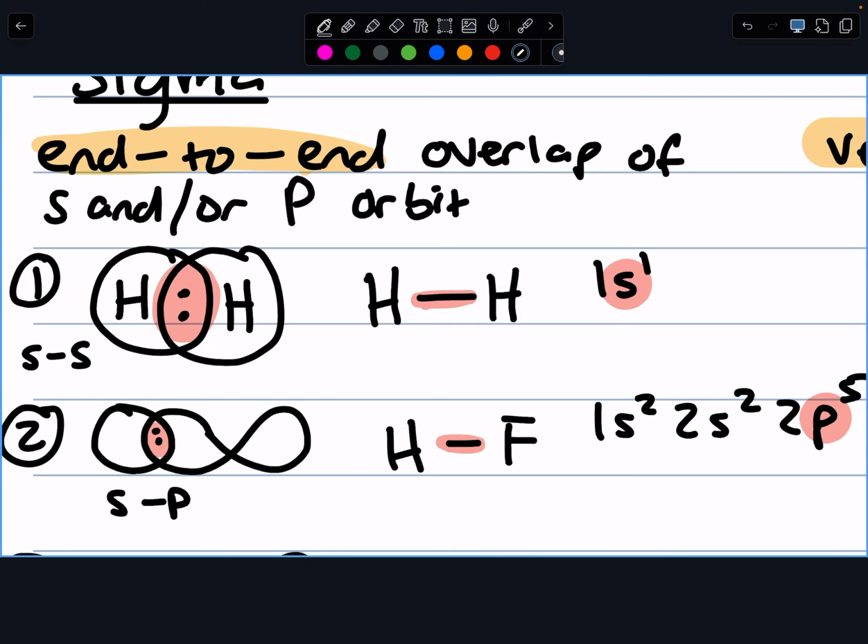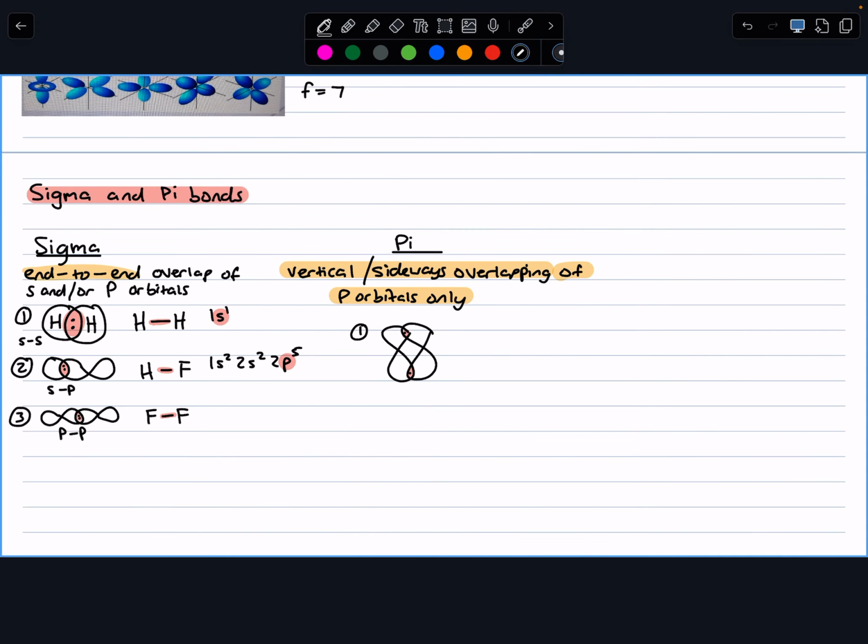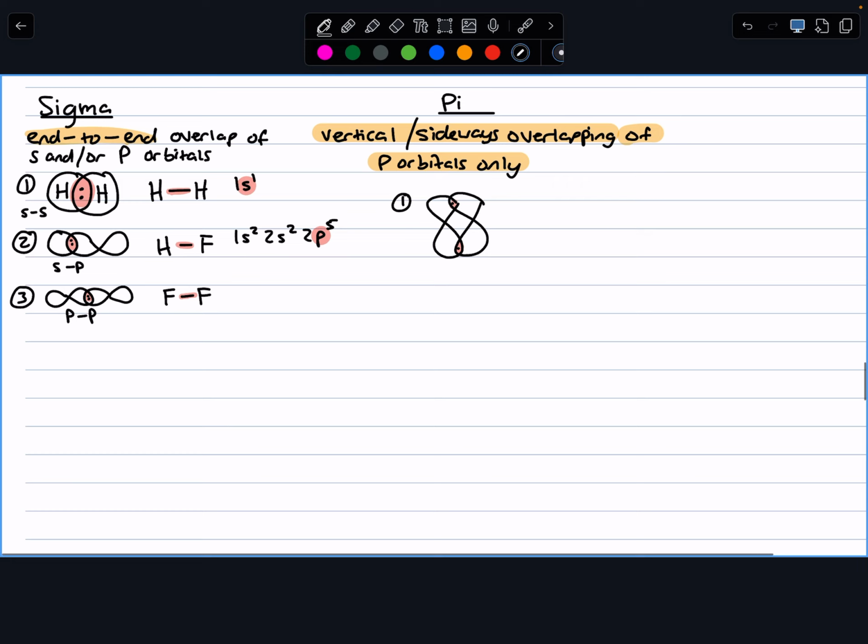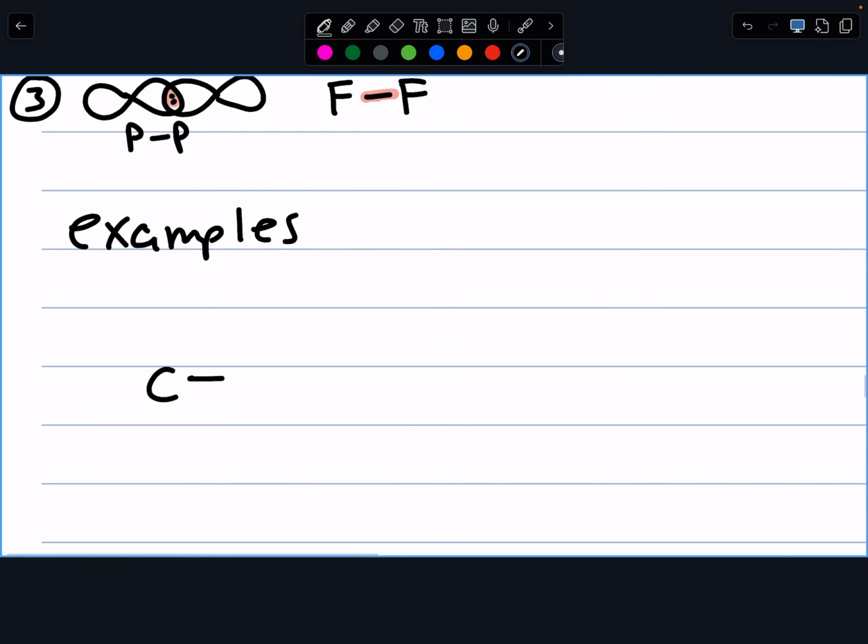Now, how do I count pi and sigma bonds? I'm going to give examples on how to count them. I'm going to draw 3 Lewis dot structures, just random ones.